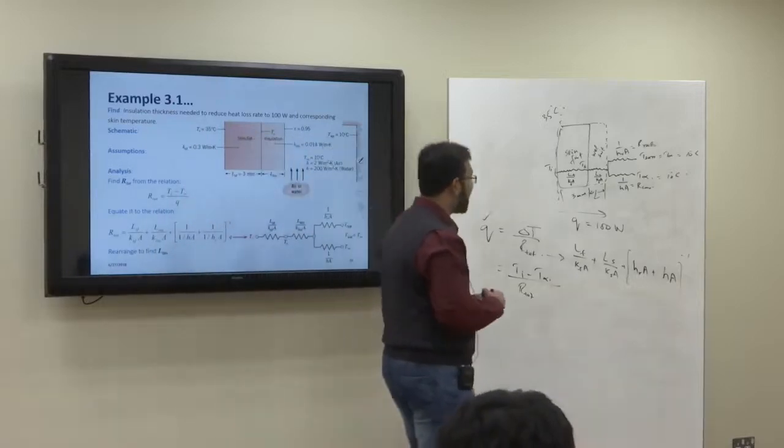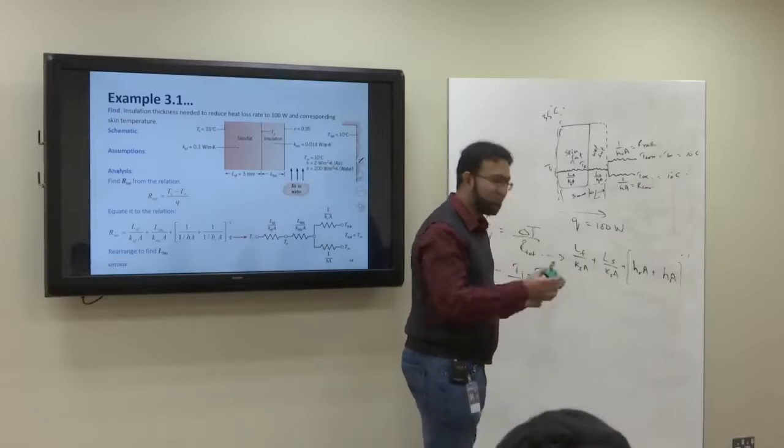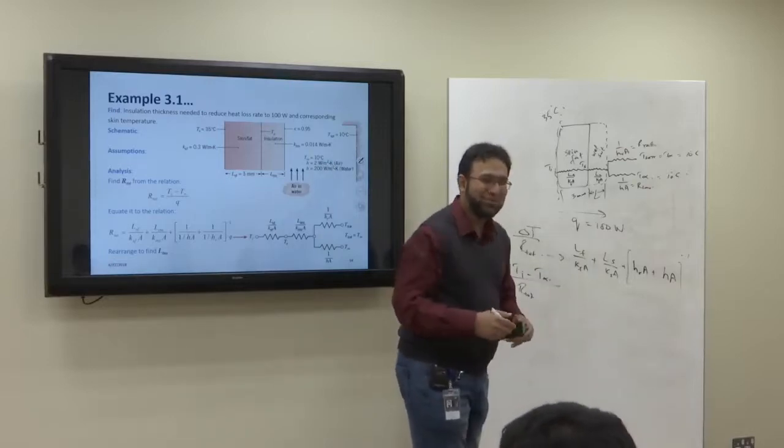Now we know the area because it's the same problem, same person, so we have 1.8 meter square.